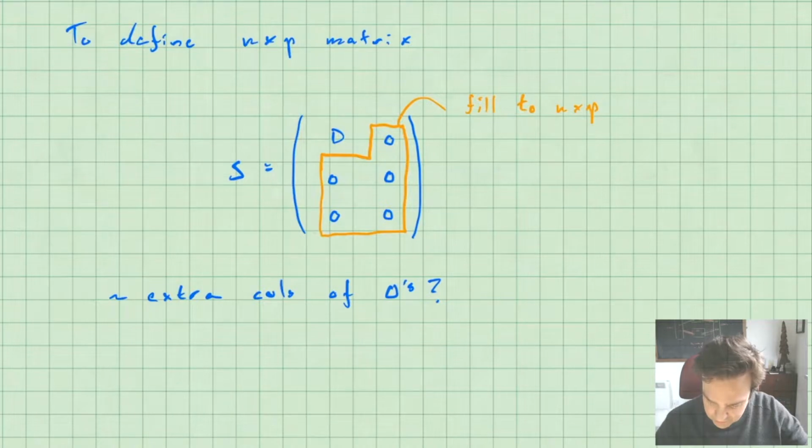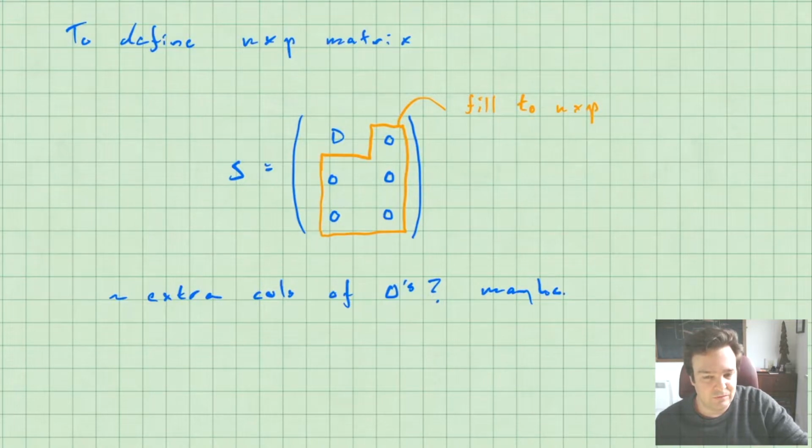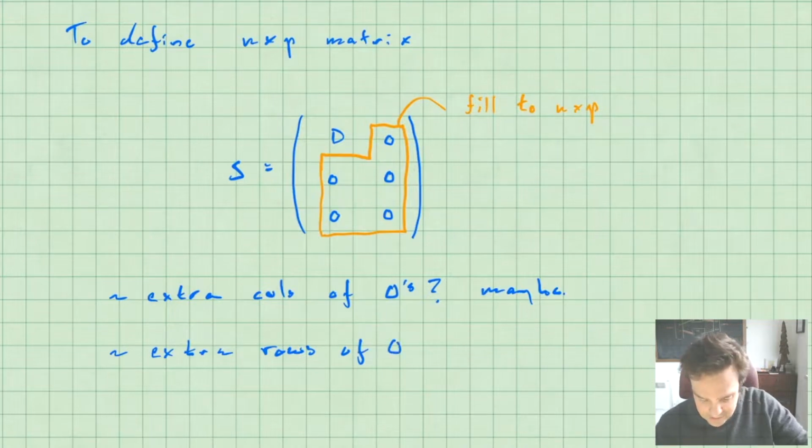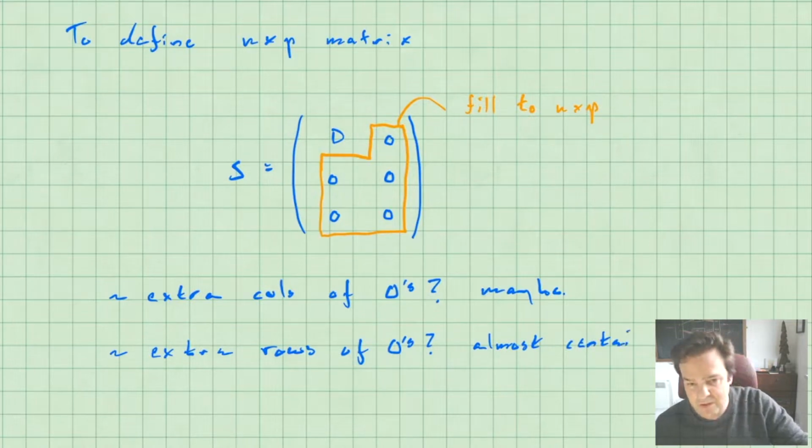So for this, the answer is maybe. If you had some 0 eigenvalues, or if rather they were so close to 0 you decided to count them as 0. But what about extra rows of zeros? That almost certainly, right? Because you want extra rows to fill it out so that you have the same number of rows as your number of observations in your starting matrix M, which you should think of as kind of like our X matrix.